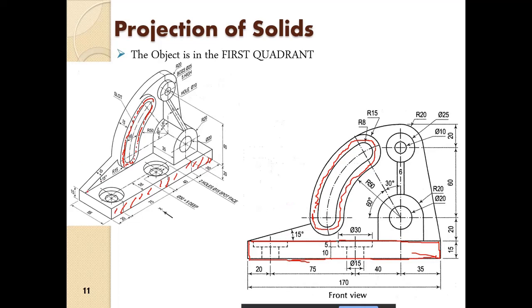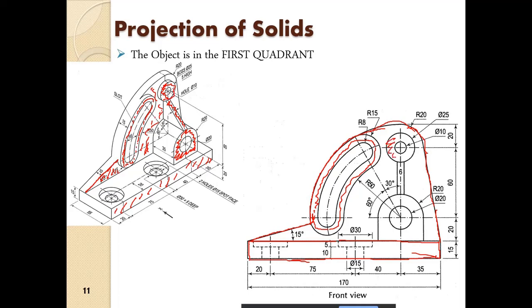Then the entirety, so we will see only this surface over here. Okay, so this is the surface that we will see. And then we will see this part over here and this part and this part.